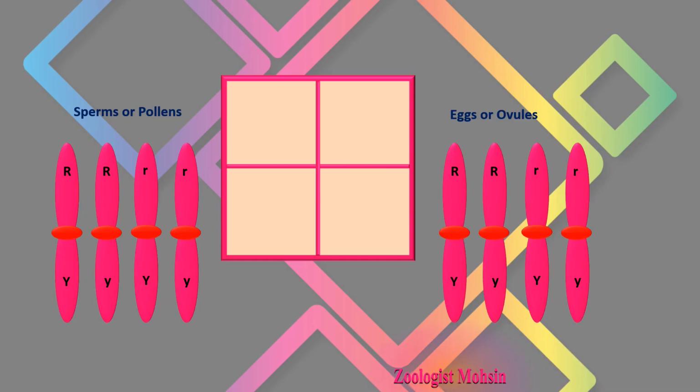The possible combinations in the pollens or ovules are shown on the screen. You can see that there are 4 chromosomes with different combinations of these 2 alleles on the pollen side and 4 of the same type of combination on the ovule side, because we have to take the maximum probability of both sides.